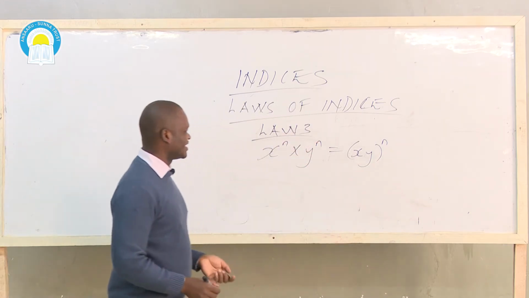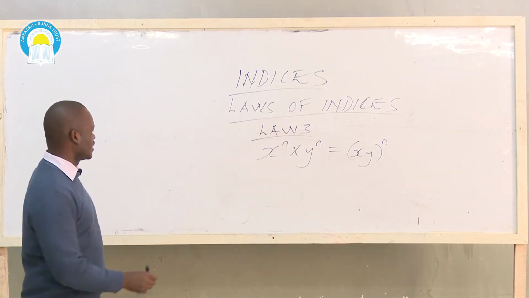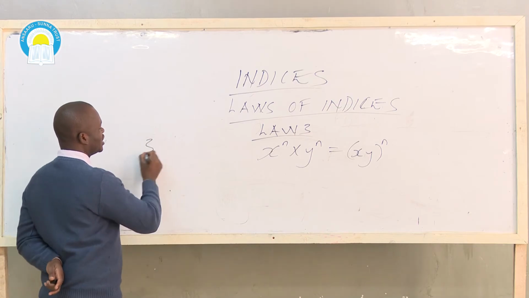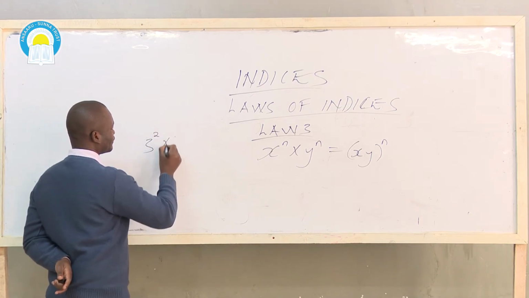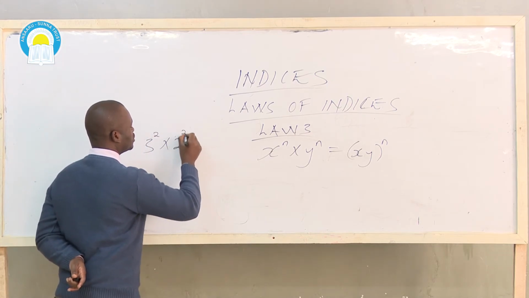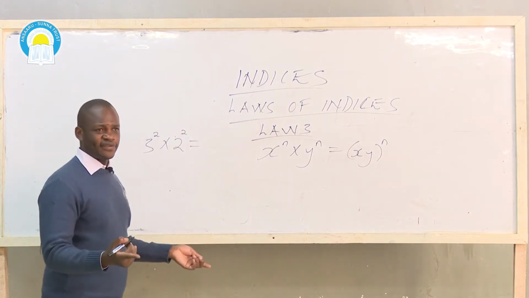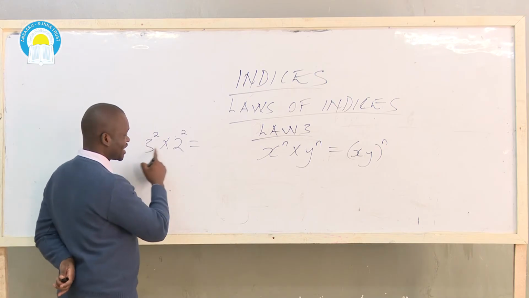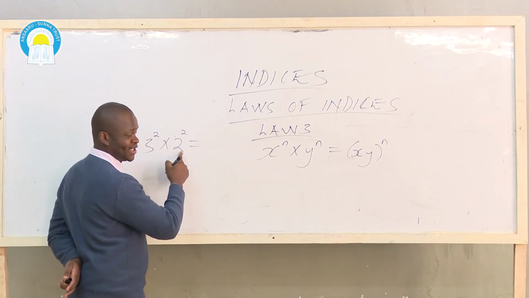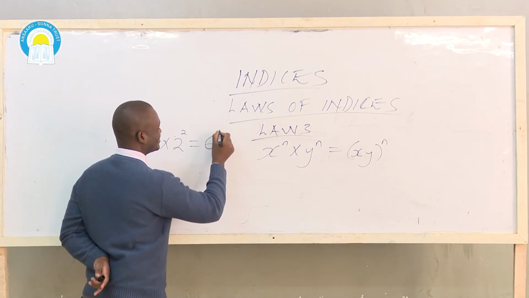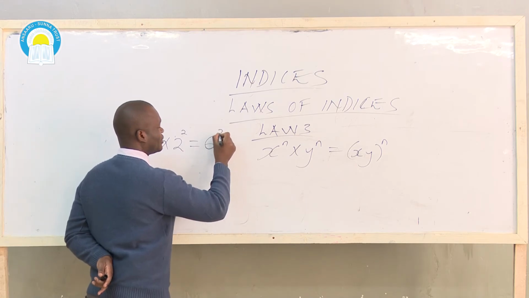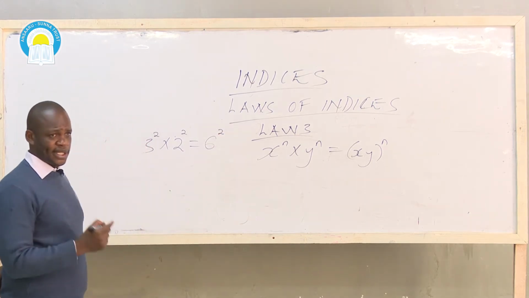I just want to give illustration to verify that. Now, if we have 3 power 2 times 2 power 2, based on this law, what shall we have? I will take 3 times 2 to give me 6. And then the 6 will assume that similar power 2.